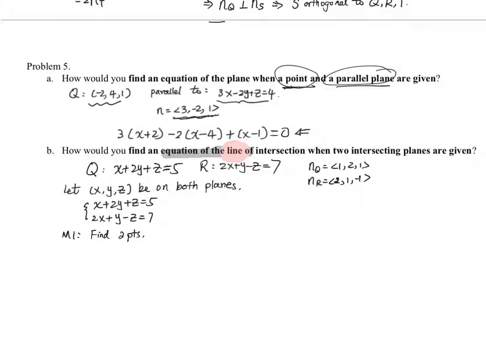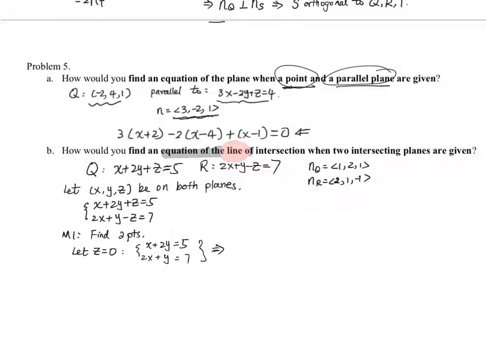Let's demonstrate that. So one way is to find 2 points. I'm going to let z be 0, and then I have x plus 2y plus 0 equals 5. The other one is 2x plus y equals 7, and then you can solve for x and y.